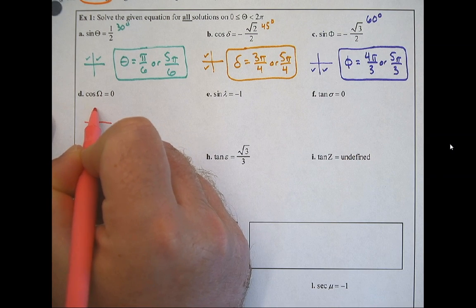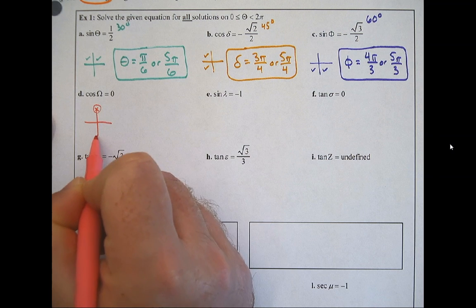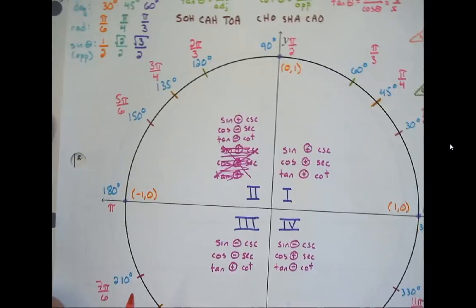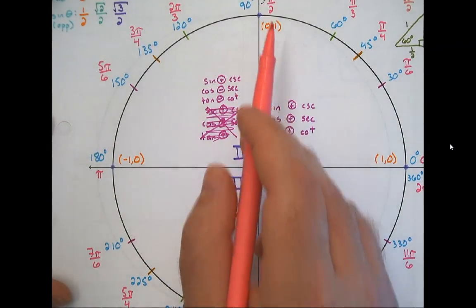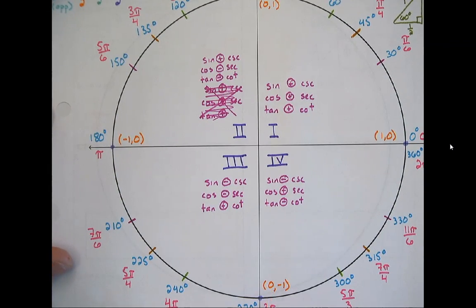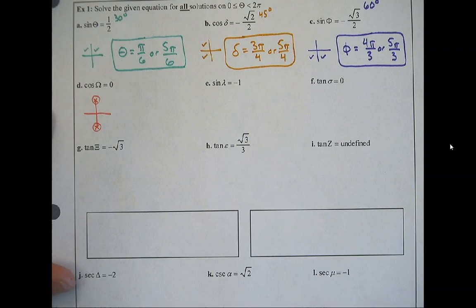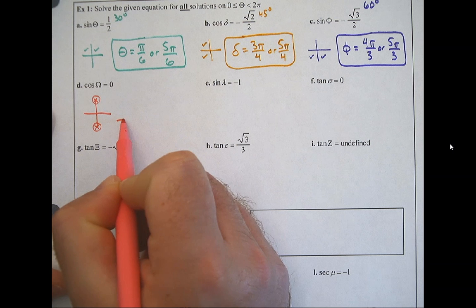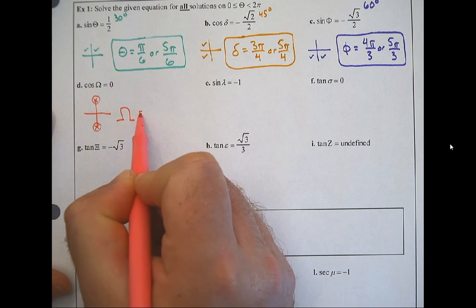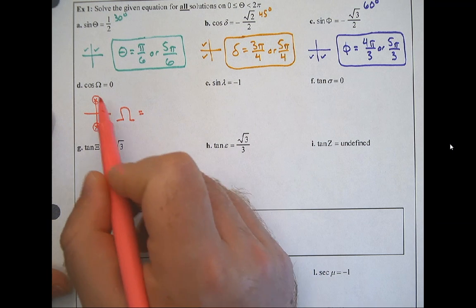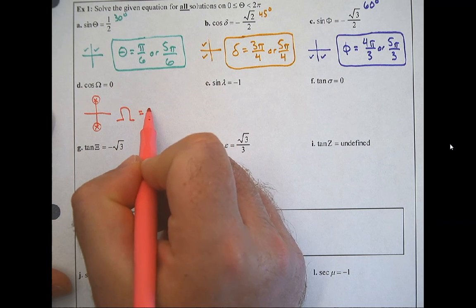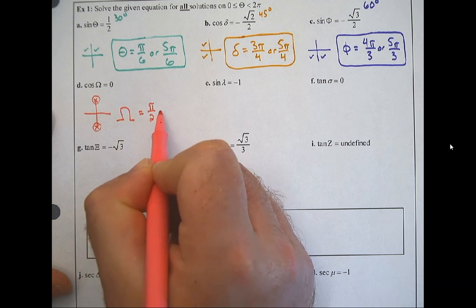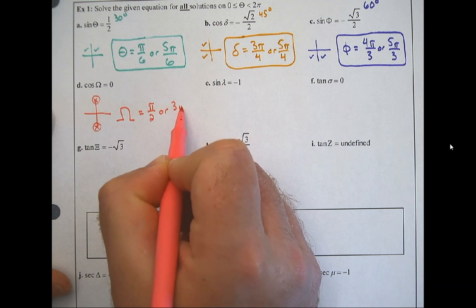You could have here, or you could have it here. Either one of those places on the unit circle, straight up or straight down, have x values that are 0. Just because it's not one of the special right triangles doesn't change that you can still find locations in the unit circle that have that x value. So I get pi over 2 or 3 pi over 2.